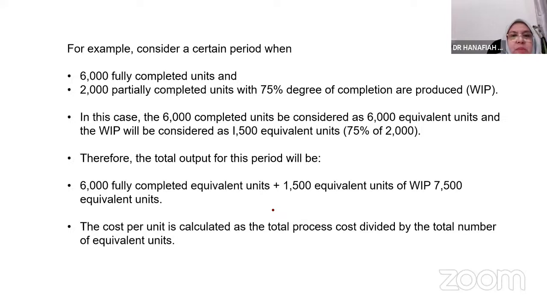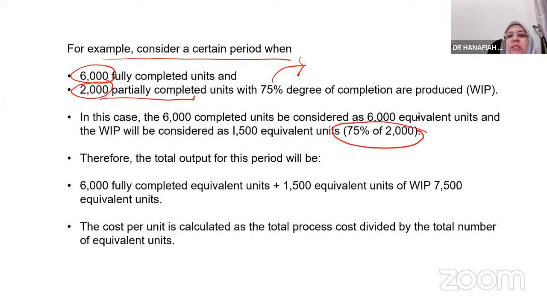So it is good if we proceed with the example, the table and calculation. Let's say we consider this situation. You have 6,000 fully completed units. You have 2,000 partially completed, and the degree of completion is 75%. We can calculate the equivalent unit here, which is 75% times 2,000.